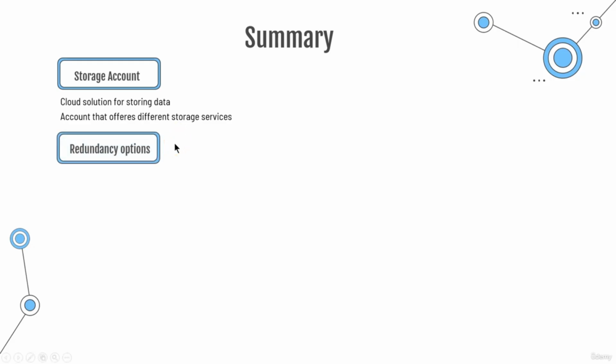Afterwards, we have talked about the redundancy options that are related to our storage account. This is very important to know how they work and in which situations they will protect us. These are in general just how the data is replicated. For example, if we have a locally redundant storage, this means that we have 3 copies in our data center, and this protects against a failure within the data center.